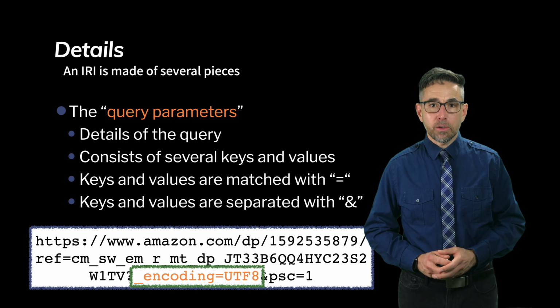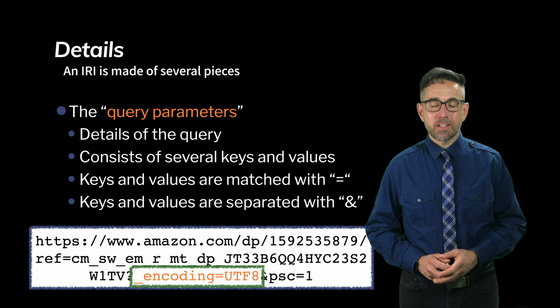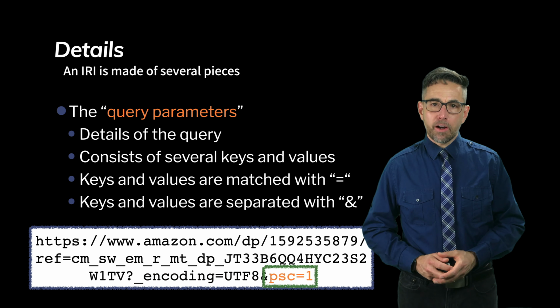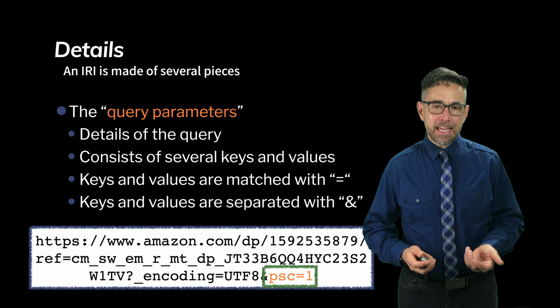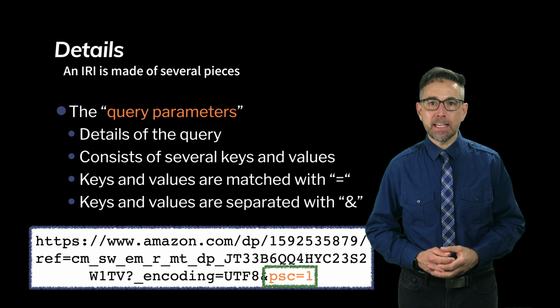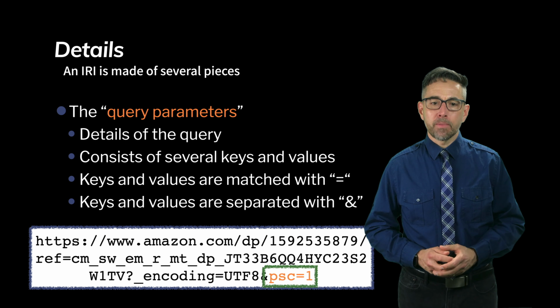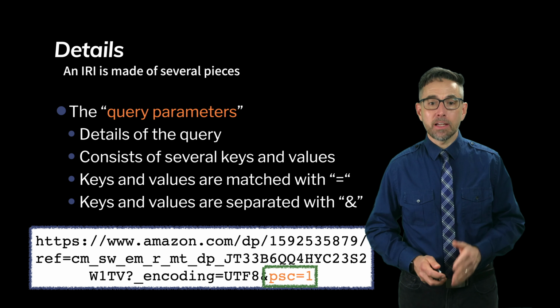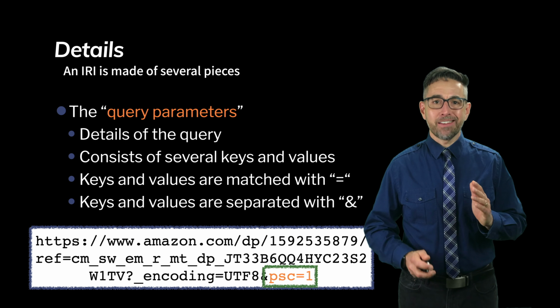The first value is UTF-8. So it's like saying a variable equals a value. The second query parameter has a key of PSC and a value of 1. This query, therefore, has two keys and two values, separated by an ampersand and started with the question mark.